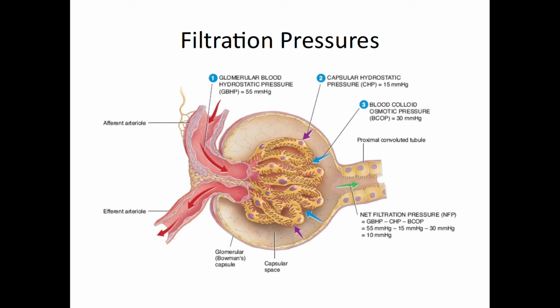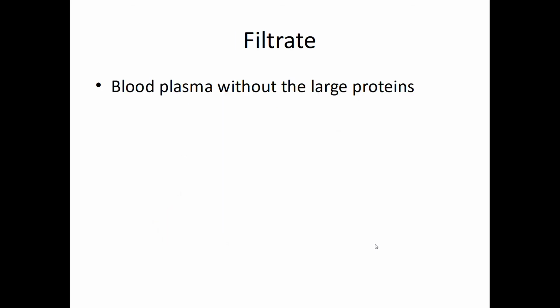And so we have this colloid osmotic pressure pushing back, and when we subtract the colloid osmotic pressure from the difference in hydrostatic pressure, that gives us the net filtration pressure, same as what you've been looking at in your POGL, and that's going to cause filtration out from the capillaries into the capsule.